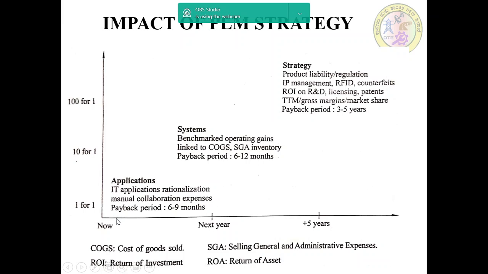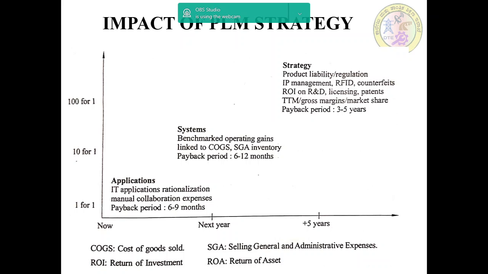The question of impact of PLM strategy has been examined by PLM research firms in order to attempt to quantify the effect of developing a PLM strategy.